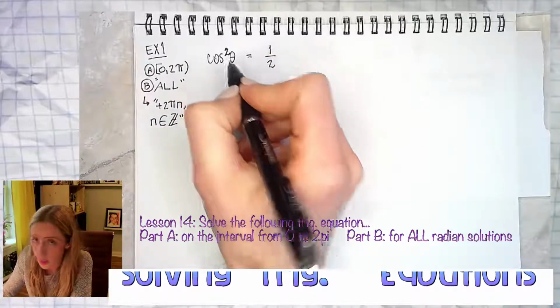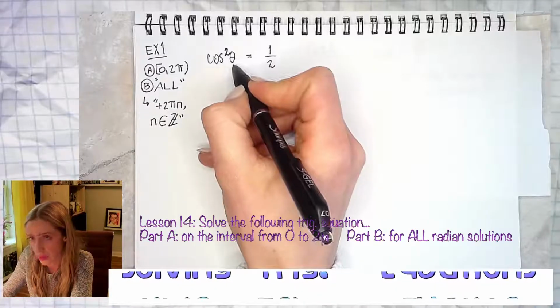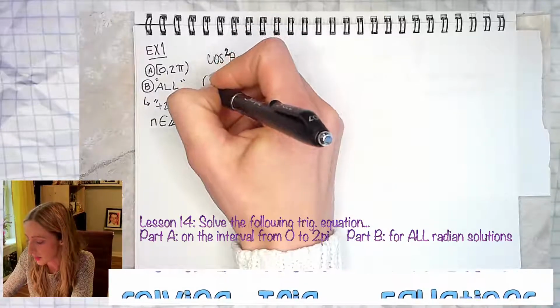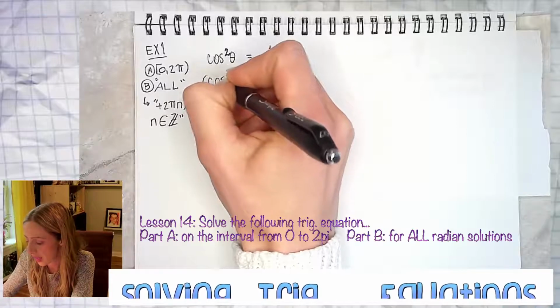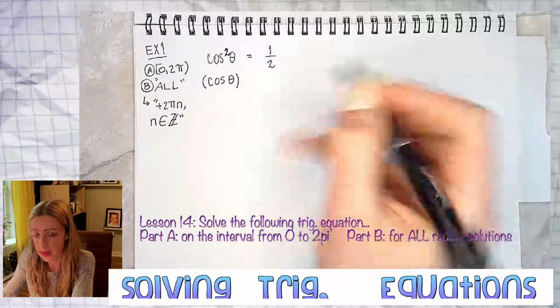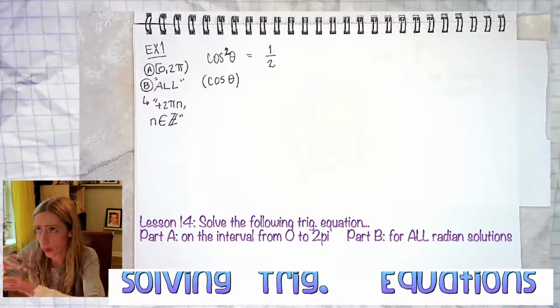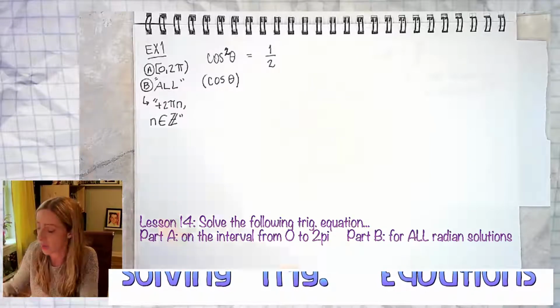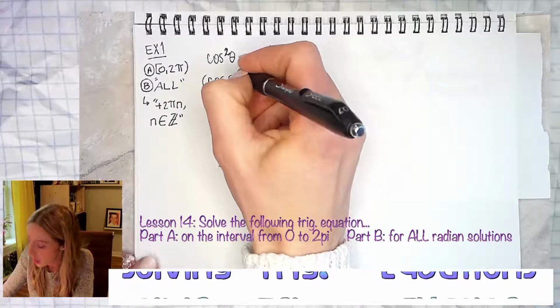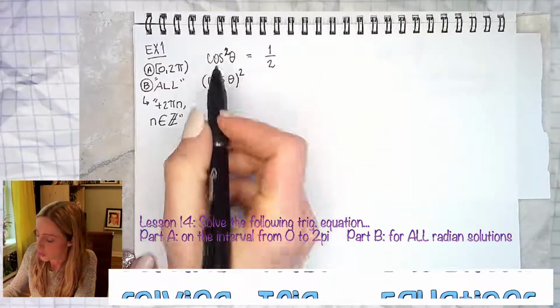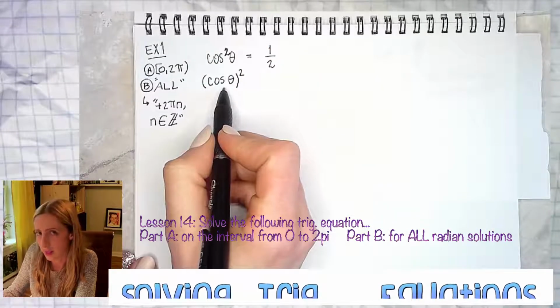Now, one thing I want you guys to remember about cosine squared theta is what that really means. It's really the cosine of theta in its own set of parentheses, and then the answer on the outside, once you figure out cosine of theta, gets squared. So these two things mean the same thing.